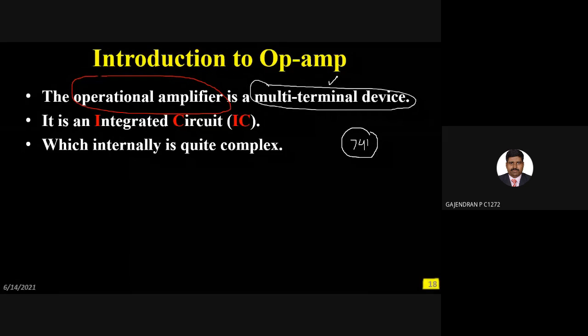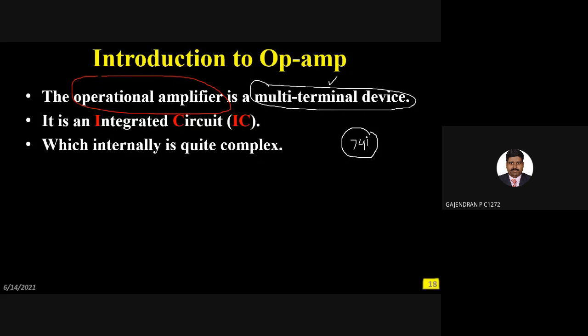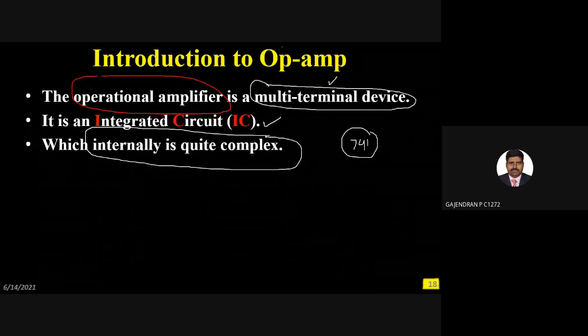Many terminals are associated with this operational amplifier, and it is available in IC form. We have seen the internal structure of many varieties of operational amplifier. Was it very simple? No, it was very complex. Many circuits and devices were there, everything integrated together, so the inside is very complex.